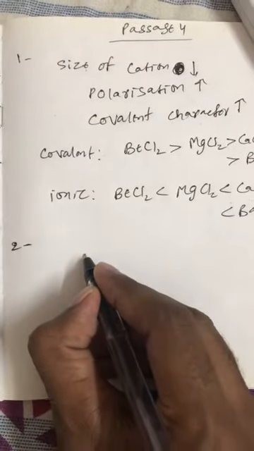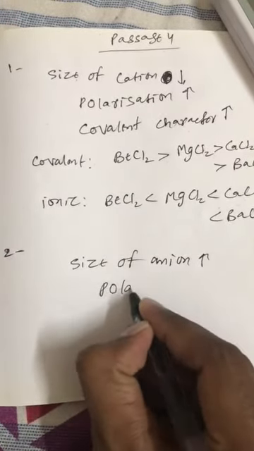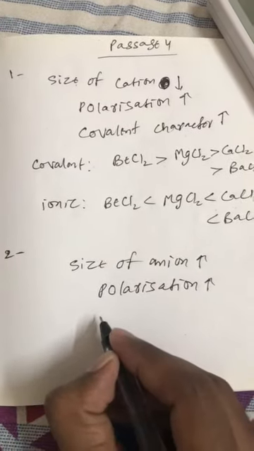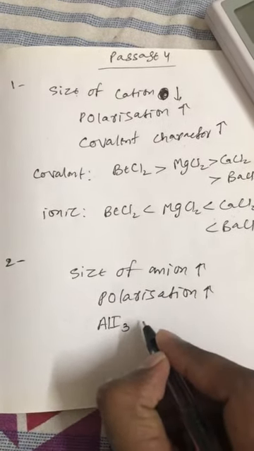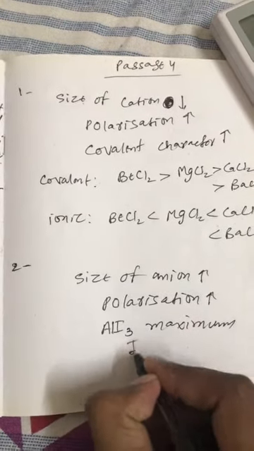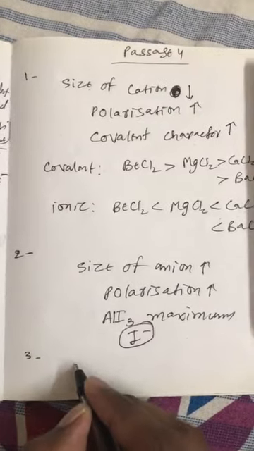Question number 2. As the size of the anion increases, polarization increases. So obviously AlI3 will have maximum polarization because of I negative. Question number 3.